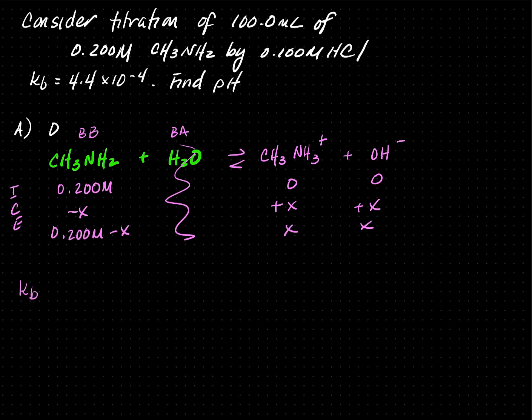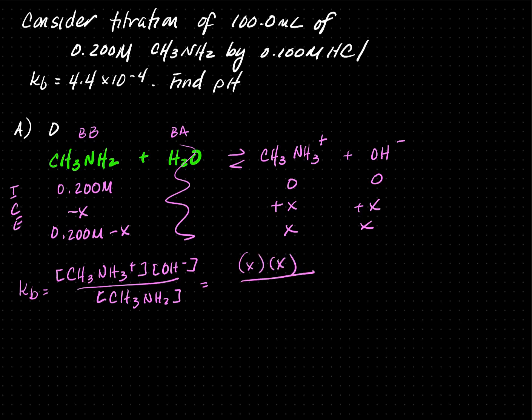Now I'm going to write my Kb. My Kb is products over reactants, so it is my conjugate acid times the OH minus divided by my weak base. And I could plug this in, so this is going to be X squared divided by 0.200 molar minus X. This is equal to 4.4 times 10 to the negative fourth.